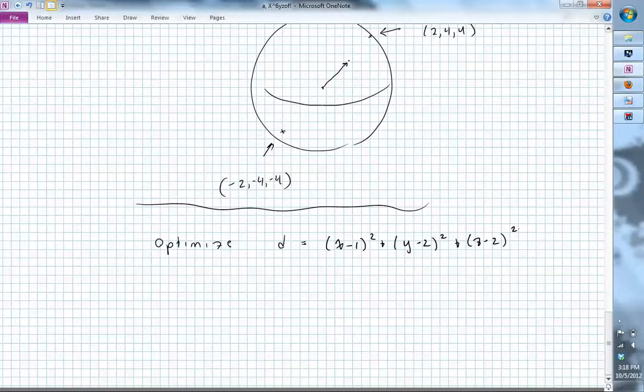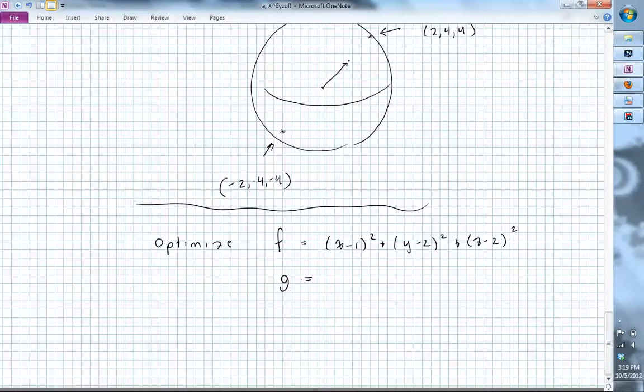Again, it doesn't make sense to try to optimize this function in the absence of a constraint, because I can get as close to this point as I want by choosing the point itself, and I can get as far away from this point as I want by just heading off to infinity. So we have to have a constraint, and I called it D and I meant to call it F. The constraint is what?